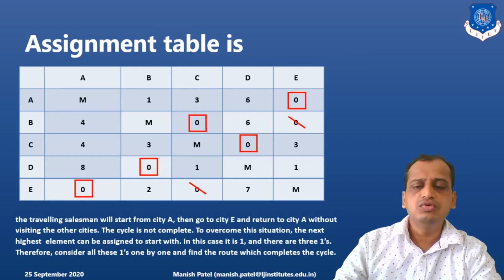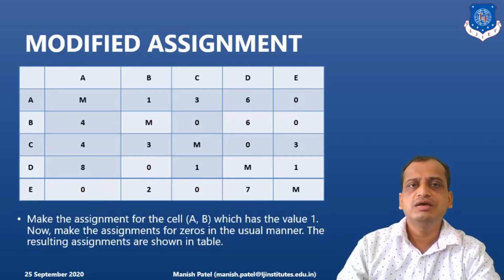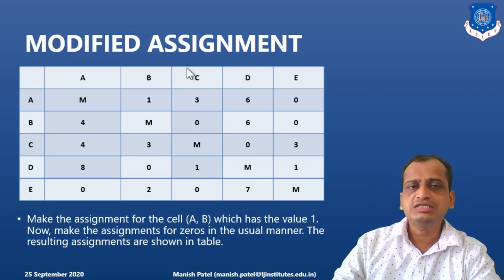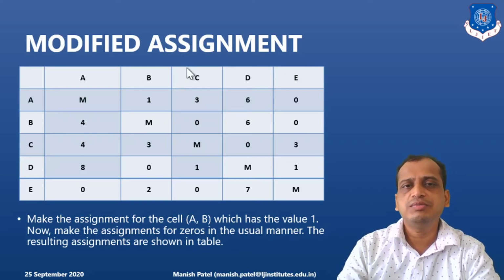So what we can do is, we will slightly modify the assignment here. How do we do the assignment here? From 0, we will assign to the next minimum value in the table. So if you see carefully here, what is the next minimum value in this assignment table? That is 1, right? So we will assign with the help of this element 1.